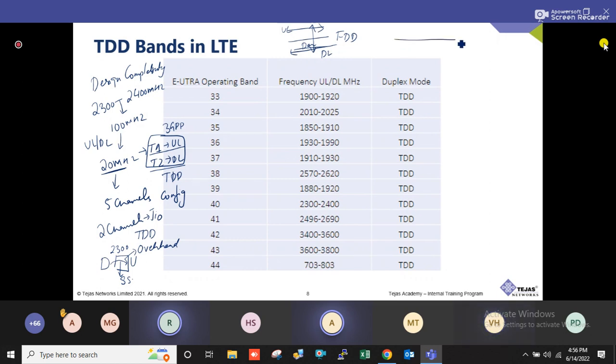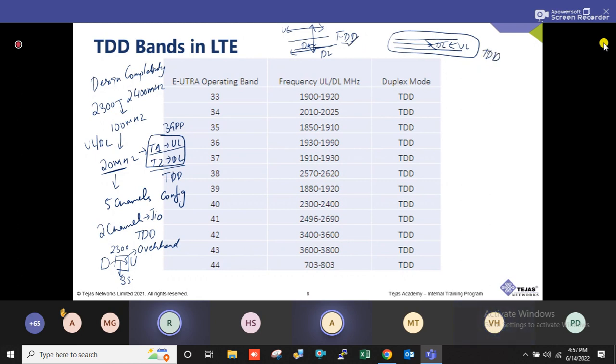Whereas in TDD, it is one-way traffic. If I'm allowing a user to transmit download, upload cannot take place. Upload will take place only when I stop the download and then allow the upload. We need to take care of this, but the advantage is the space taken by a TDD configuration is much less compared to an FDD configuration.